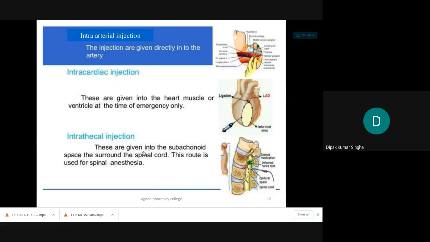So be careful, be serious in that case about where it will be administered: the subarachnoid space of the spinal cord, and where it is injected is very hard. So this route is very tough. This route is used for spinal anesthesia.